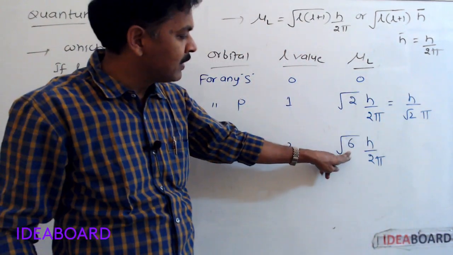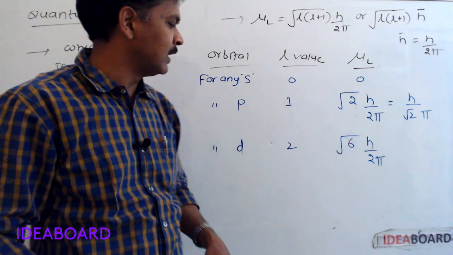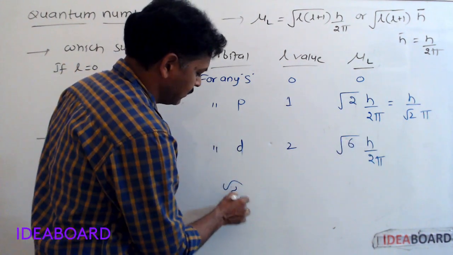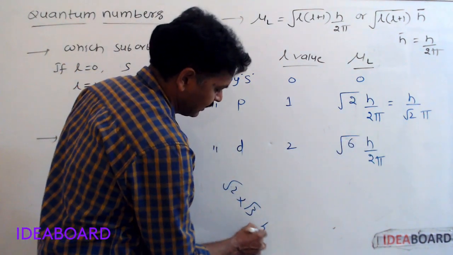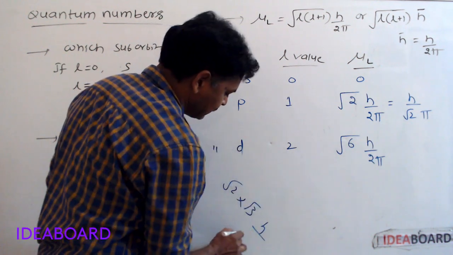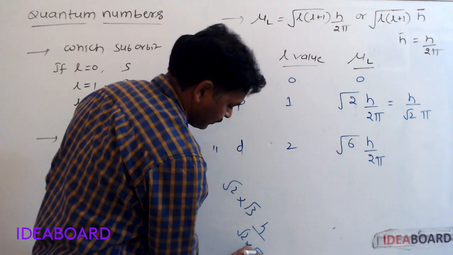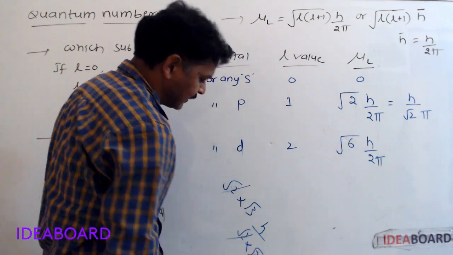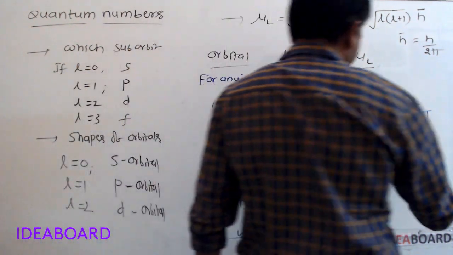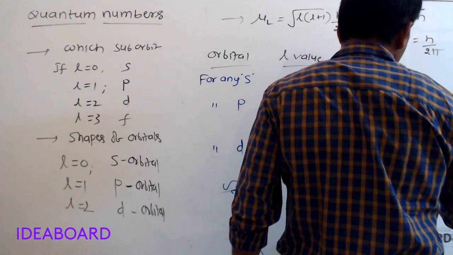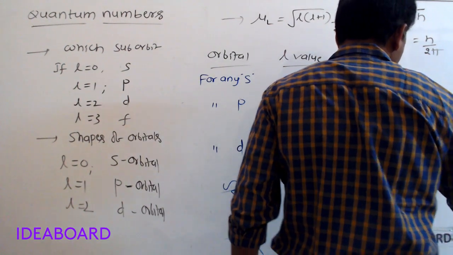This root 6 can be written as root 2 into root 3, and 2 can be written as root 2 into root 2. One root 2 will get cancelled. Then root of 3 by 2, h by pi.